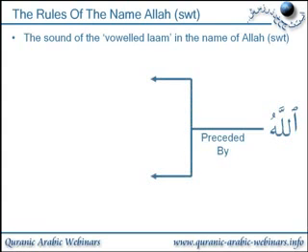Okay, now we'll talk about how you pronounce the sound of the voweled lam in the name of Allah. So in the preceding slide, that was the second of the two lams in a shaddad lam, i.e. not the lam with sukoon, but the next one after it, which is the lam with fatha, which we call generally the lam of Allah.